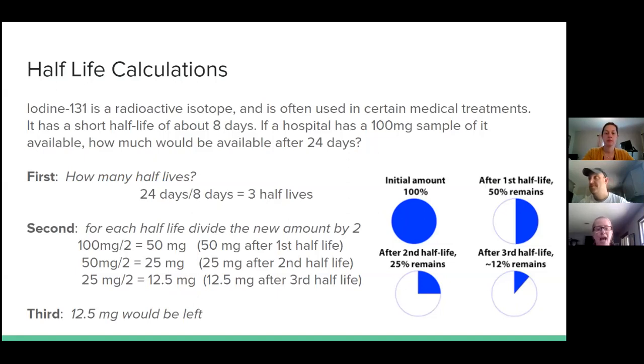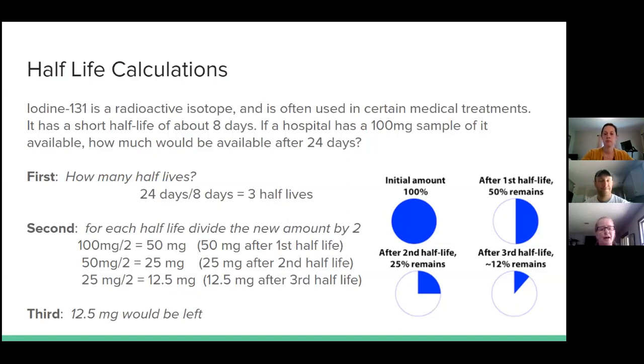It has a short half-life of about 8 days. So the question is, if you had a 100 milligram sample, how much would be left after 24 days? You need the half-life, the initial sample size, and the total time. The fact that it's used as a medical treatment, while interesting, is not relevant to solving the half-life problems.